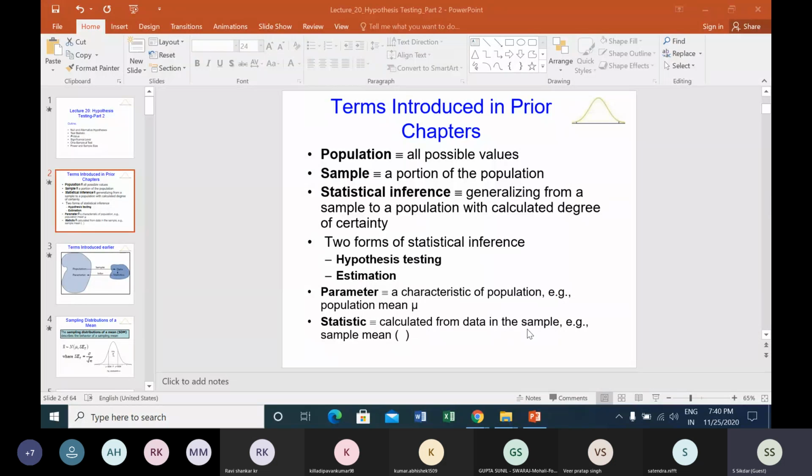So all these things we are again recapitulating, and we tell in almost every class that whatever we do, we do the analysis with the sample only.